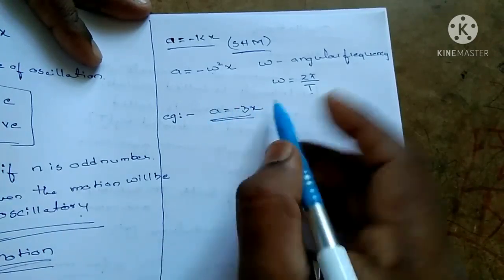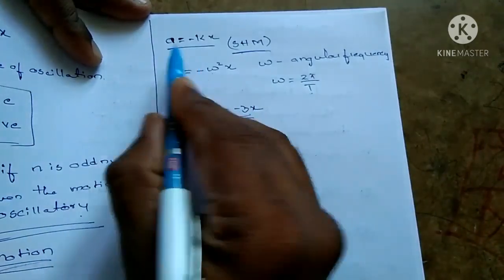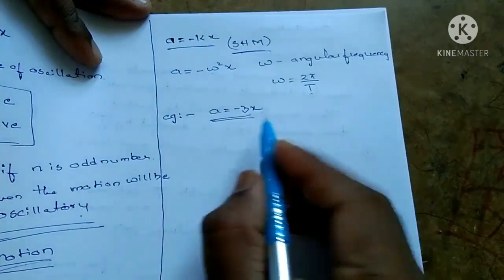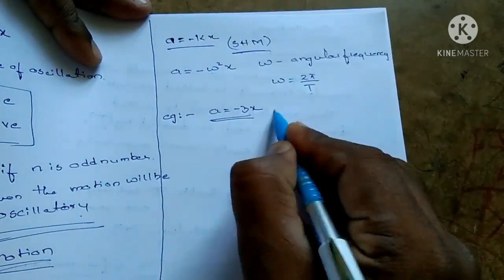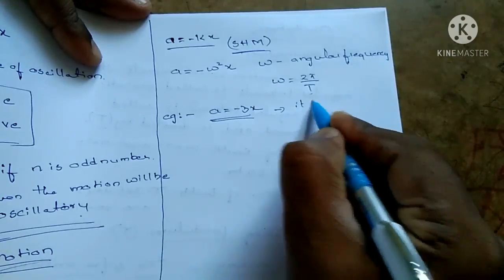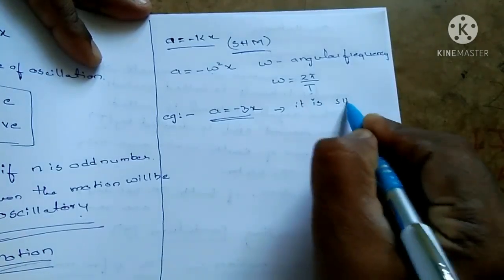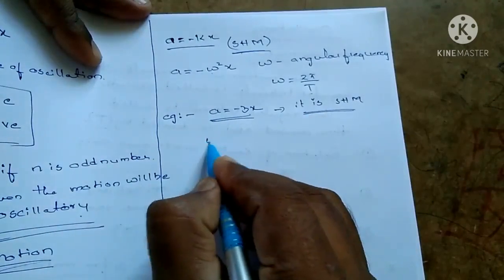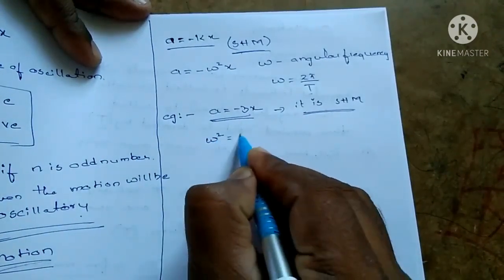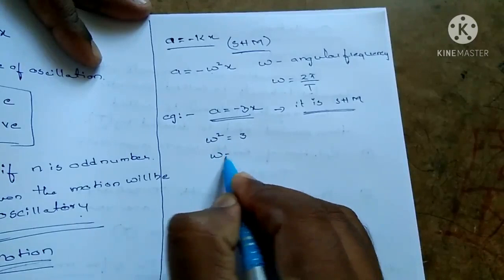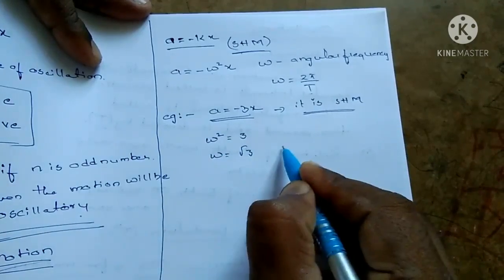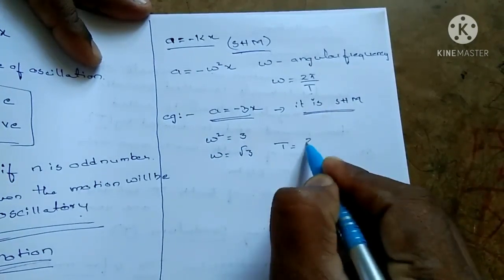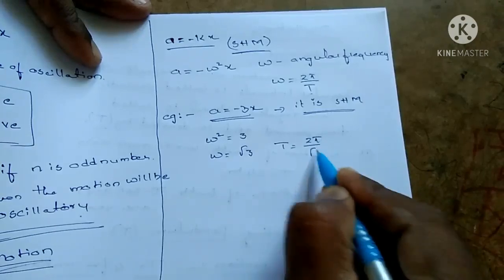This is obviously in the form a is equal to minus kx, so I can say it is SHM. It is very clear. And here I have omega square is equal to 3 and omega is equal to root 3, so the time period is 2 pi by root 3.